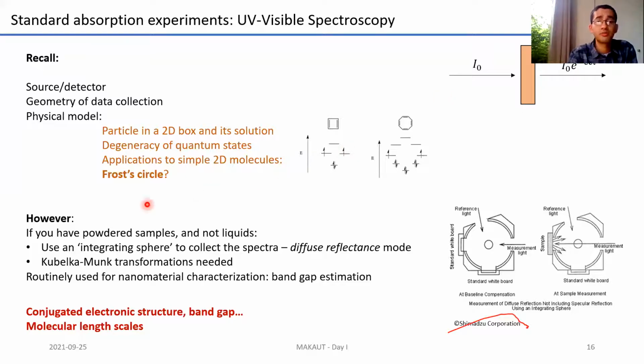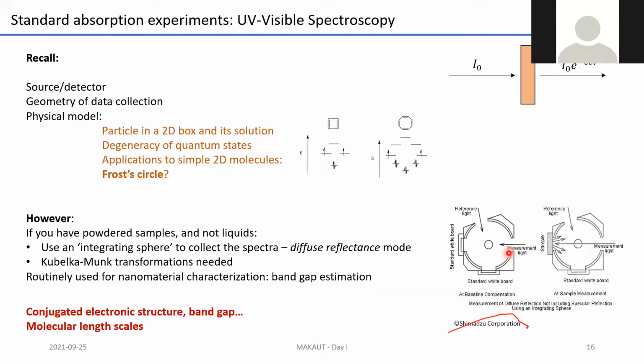There's just one thing that I would like to point out as a follow-up: if you have powdered samples and not liquids, the physics is slightly different. Liquid UV is pretty simple, but for powdered samples there's no transmission experiment. This is what is known as diffuse reflectance collection. This is a schematic that I've taken from Shimadzu's website. Shimadzu is a very well-known UV visible spectrometer manufacturer.